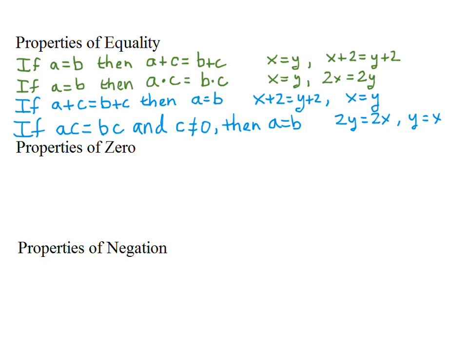That would be a true statement, but that doesn't mean that 3 equals 4. So whenever you have this quantity C that you're multiplying on both sides, you have to make sure that it's not equal to 0 to conclude that the other factor, A equals B. Okay, so if 2y equals 2x, y equals x. It's just that simple.